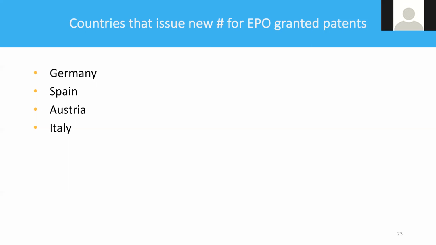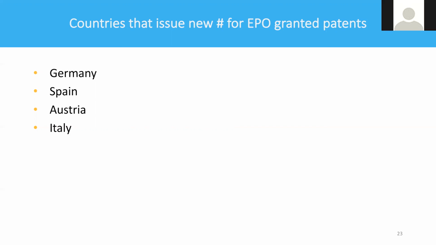But then you have a 3-month period from that grant date in most countries, not all of them, but most countries, you need to have your validations completed by that 3-month period. There are some exceptions, but once that patent has granted and you go into certain countries, they do assign a new patent number in it.